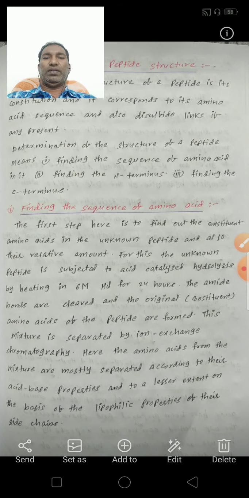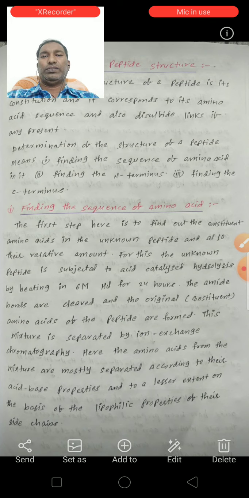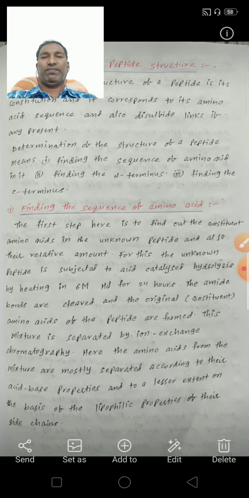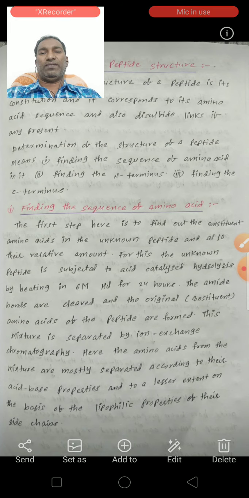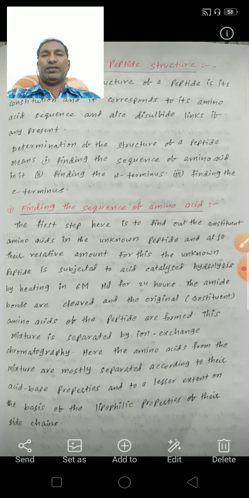So determination of the structure of a peptide means, first, finding the sequence of amino acids in it. The second is finding the N terminus, and the third is finding the C terminus. By finding these three, we can determine the structure of the peptide.